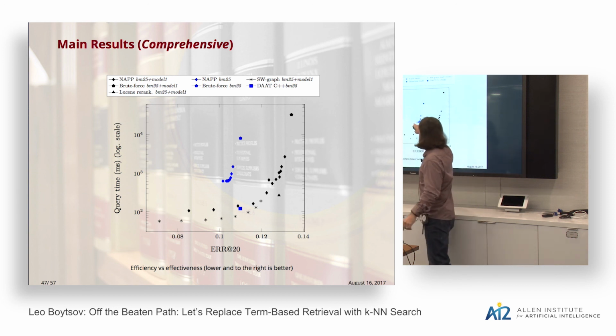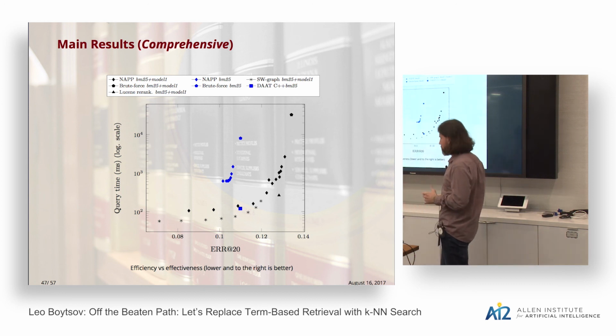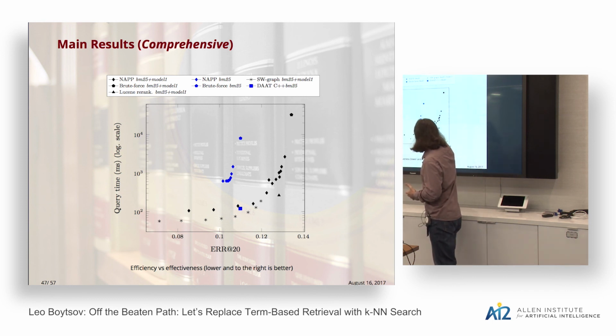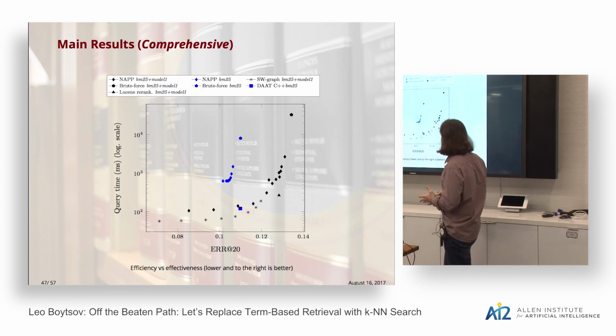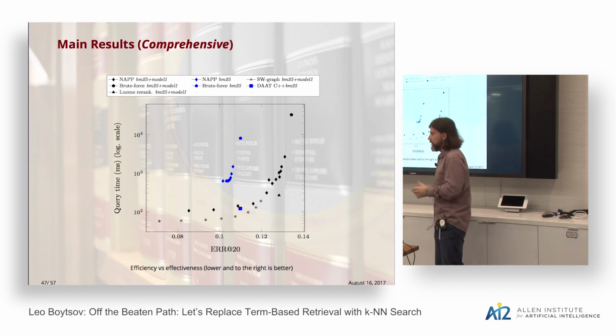This one uses the much faster similarity BM25, and these runs are using the much slower similarity BM25 plus Model 1. But look, for example, at this black diamond run. It's about twice as efficient as all the blue diamond runs, but it's about 10% more effective.